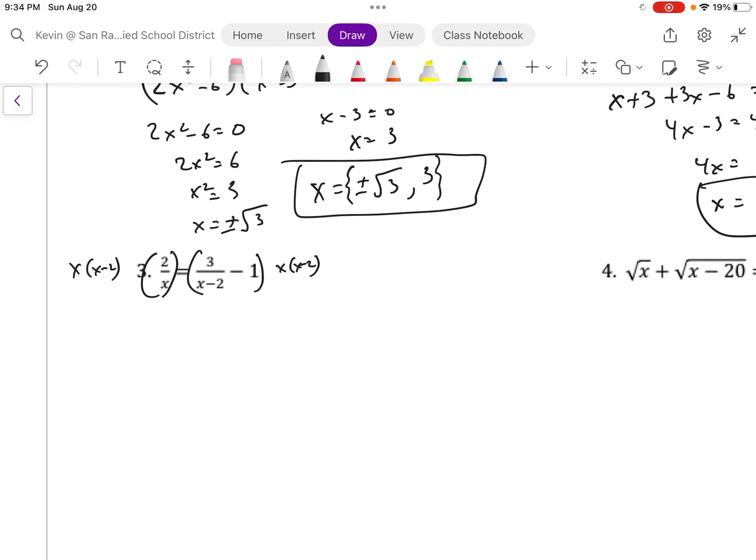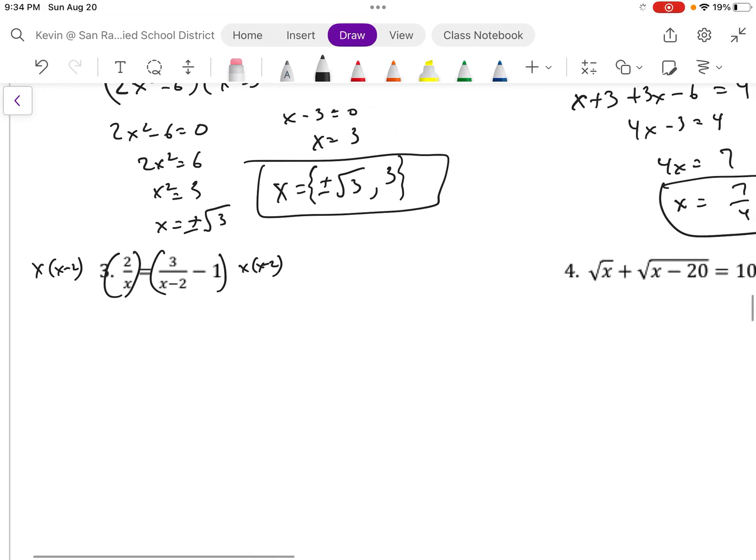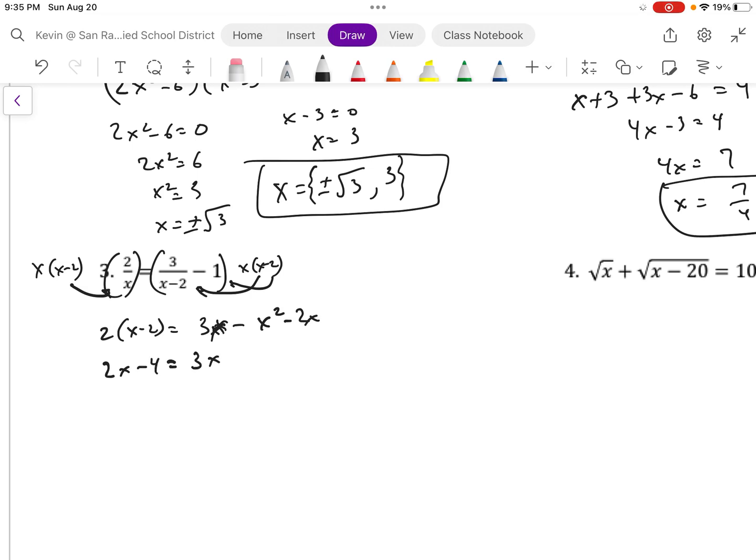So this is going to be 2 times x minus 2. This is going to be 3x. Because I distribute that in, and here is minus x squared minus 2x. So we have 2x minus 4, 3x minus x squared minus 2x.